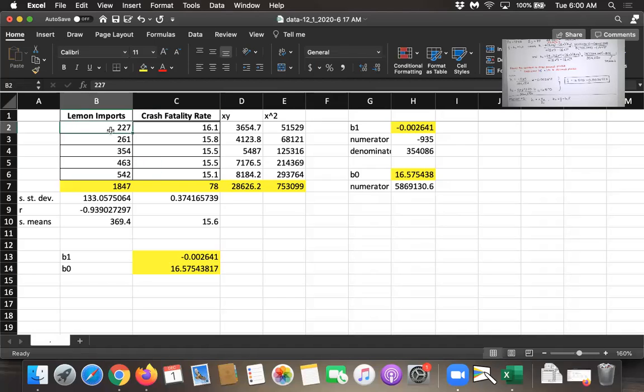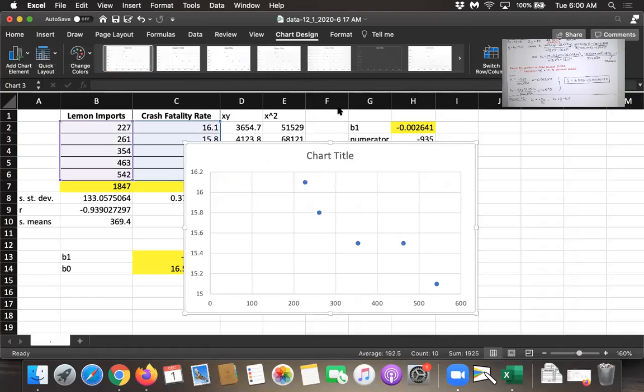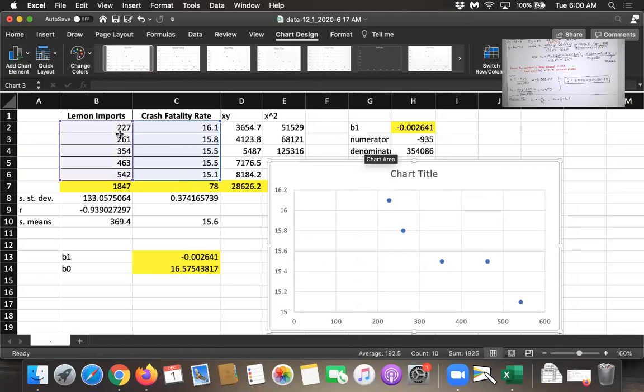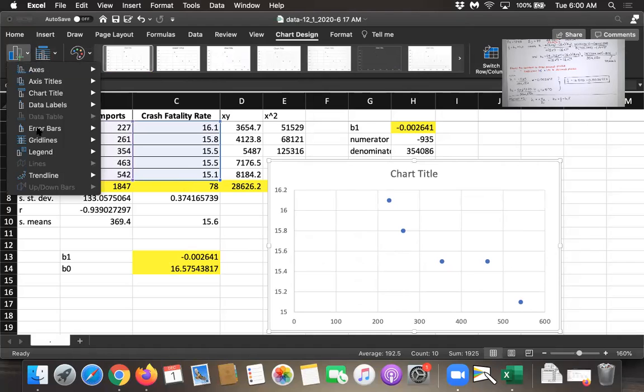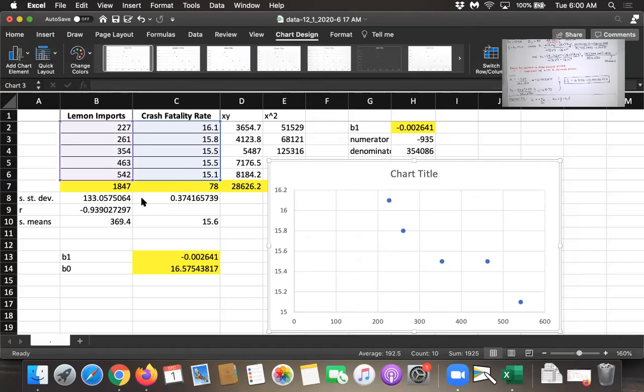So what I would do if I want to find the regression line is I would highlight the cells, the X's and the Y's, and then go to this scatter plot. Select that right there. And now I've got a scatter plot and I want to add a regression line to it. So I go over here to Trendline and then choose linear.